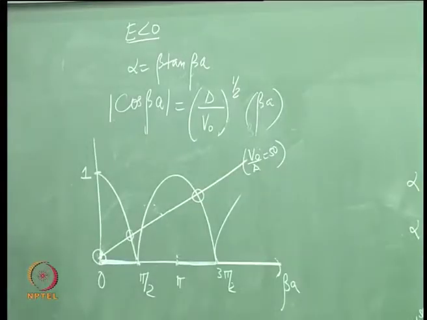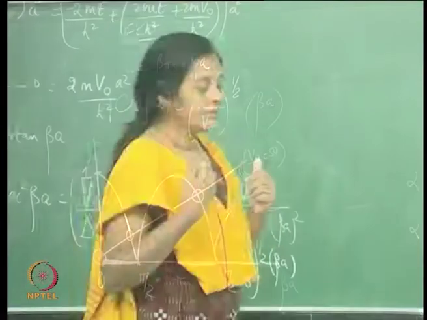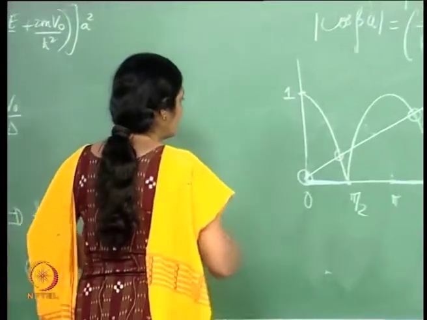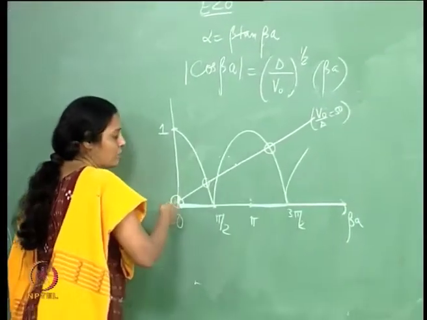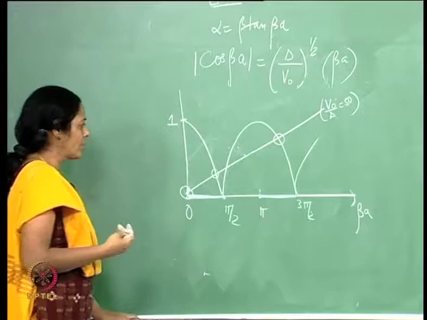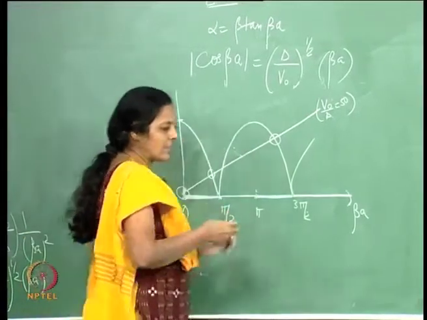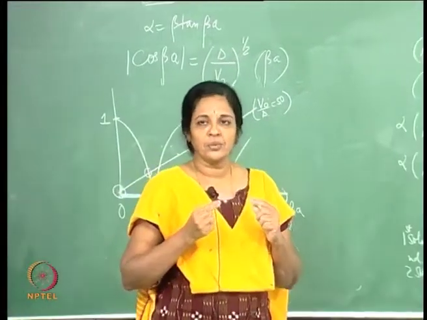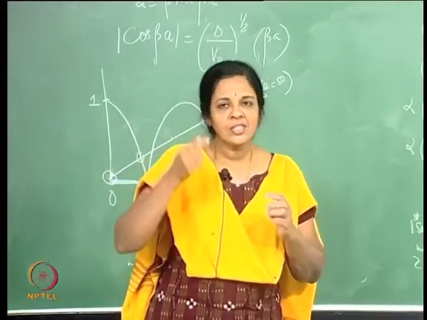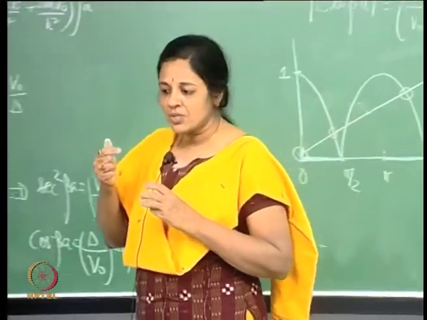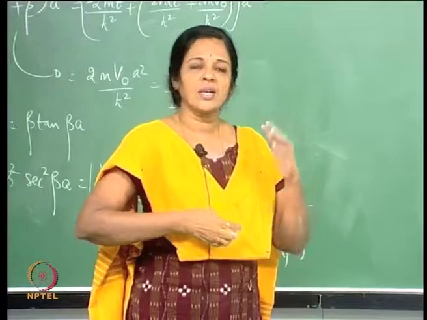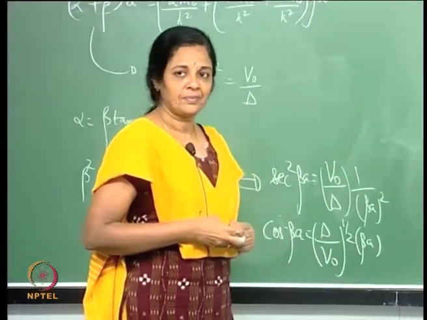So you already see that beta is quantized, and since beta is quantized, the energy is quantized. So if you fix V naught by delta, so given the strength of the potential, it is clear that there are only some values of beta which are allowed, and since those are the values of beta that are allowed, the energy also is allowed only discrete values.